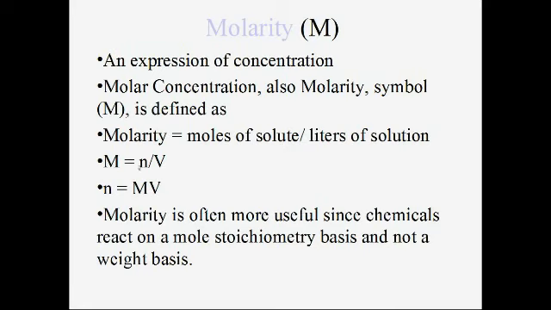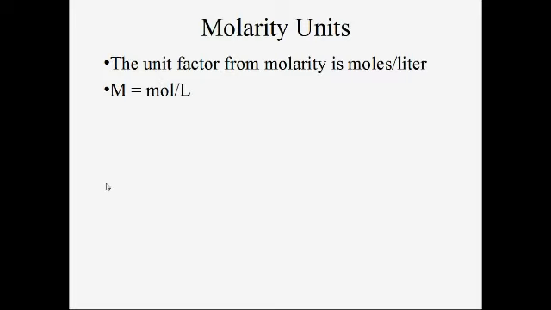We can write it out that way, capital M equals n divided by V. Or the common way that we might see this is molarity times volume in liters will equal moles. And this is why molarity is so useful to us, because we get moles out of it rather directly. We can use this capital M as the quantity in equations.